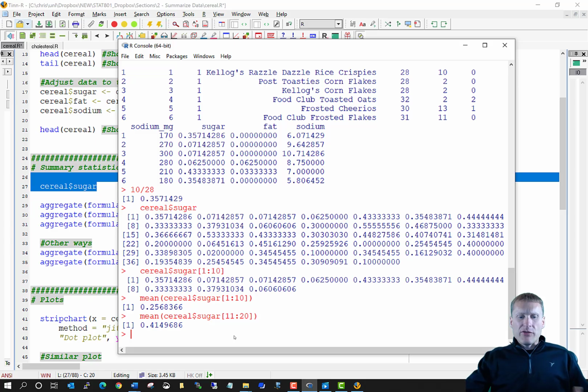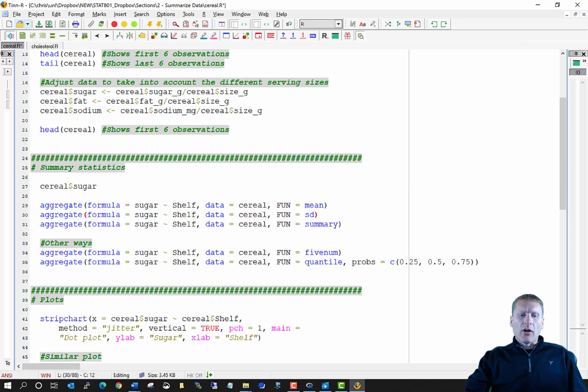But there's actually an easier way to do this. There's a function in R called aggregate. Its first argument says how you want to aggregate or summarize the information in your data set. I'm going to use the formula argument where I want to aggregate all the sugar values by shelf.